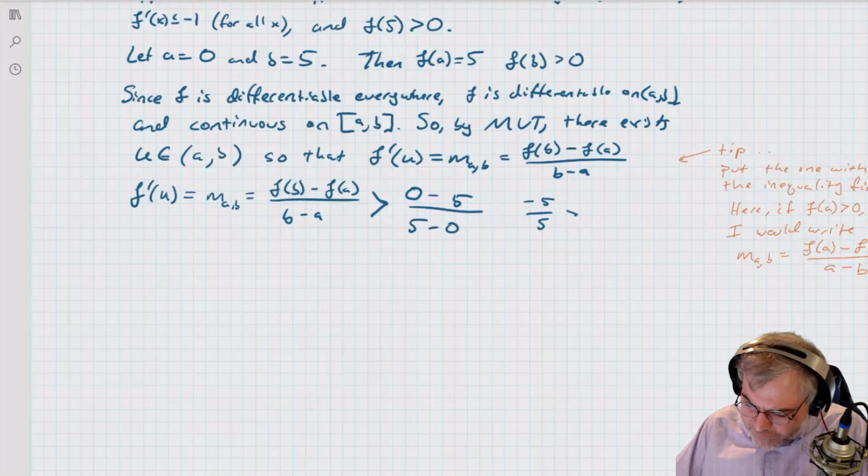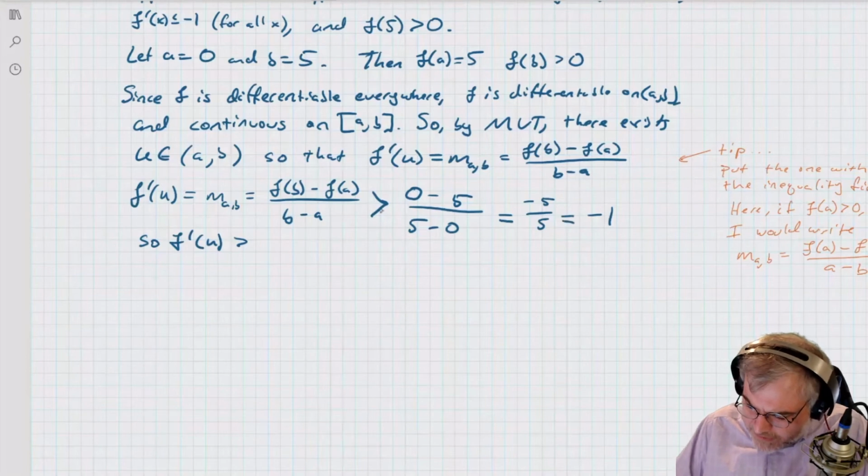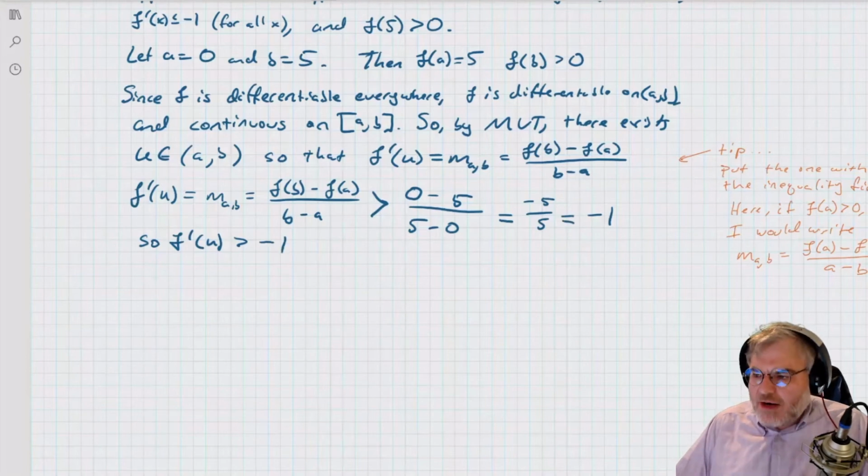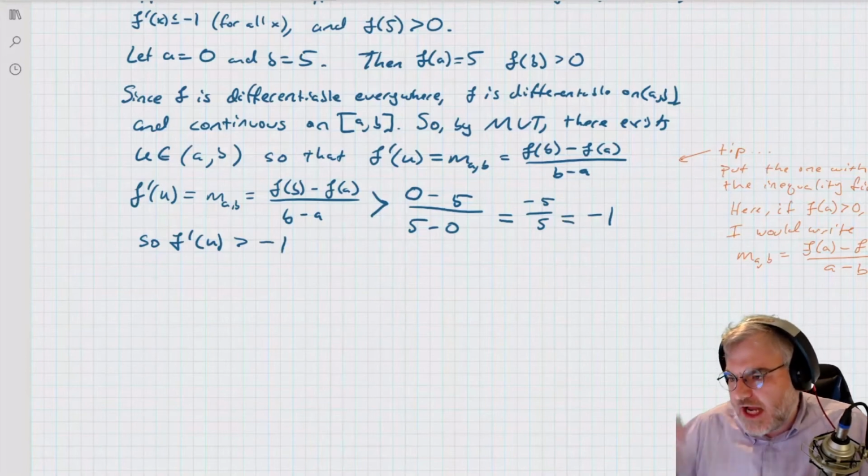I should put an equal, not a greater than, which is equal to negative 1. So f prime of u is greater than, it's not a greater than or equal, that's just a plain equal. The greater than is there, negative 1. How do we feel about that step, 1 to 5?